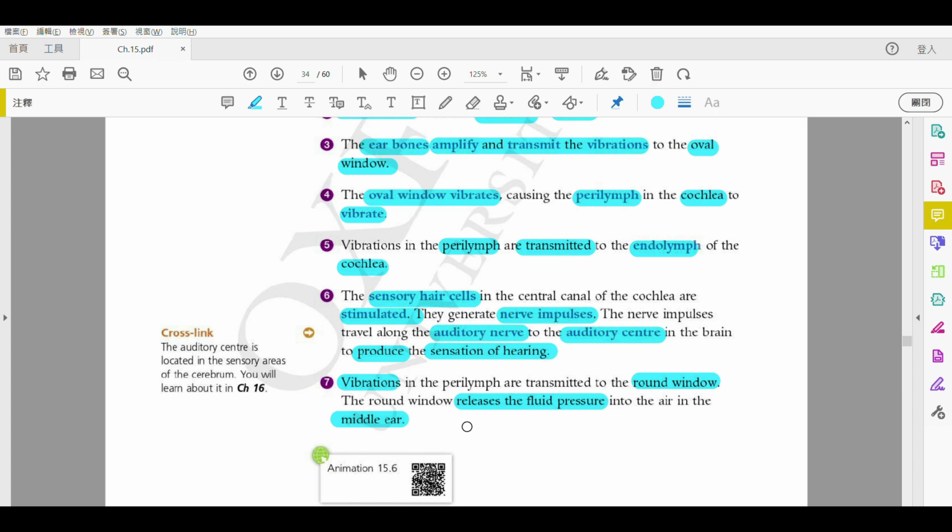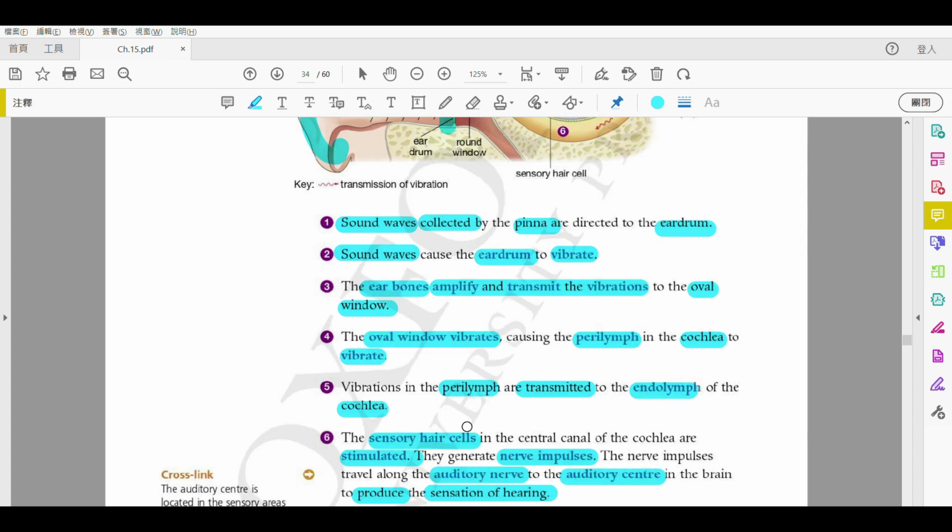One final note: remember, ear bones do not convert the sound wave to vibration. It's always the eardrum. The eardrum converts sound wave to vibration. Ear bones amplify and transmit vibrations.